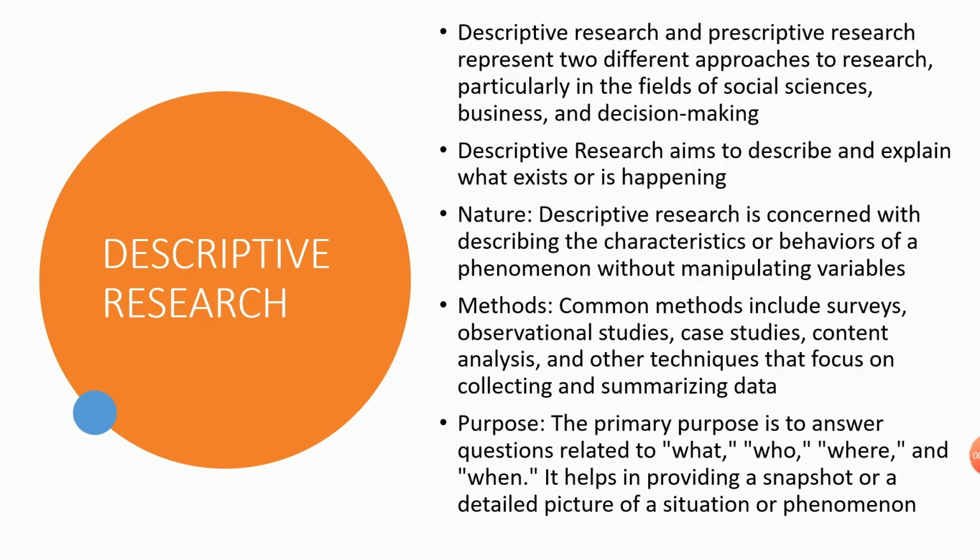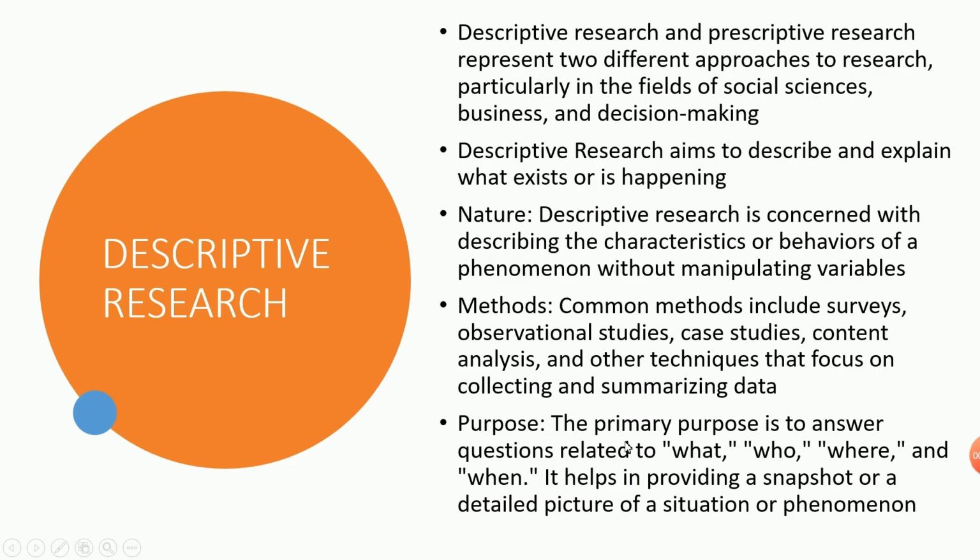Now, descriptive research. Here, see descriptive and prescriptive. They are particularly done in the field of social sciences, businesses and decision making. Descriptive research aims to describe and explain what exists or is happening. It is concerned with describing the characteristics or behaviors of a phenomenon without manipulating the variables.